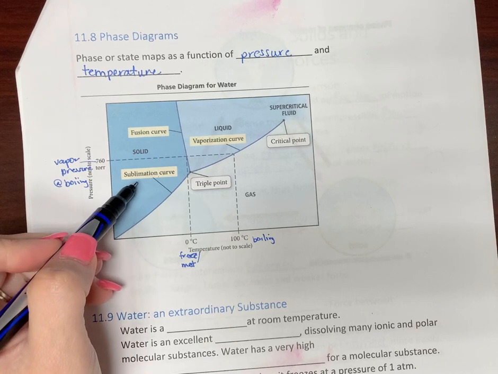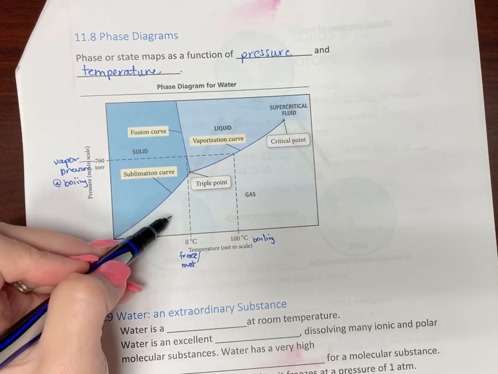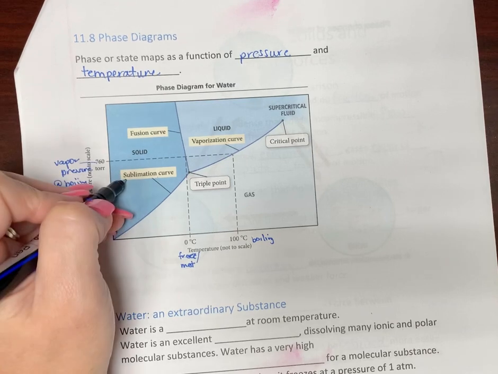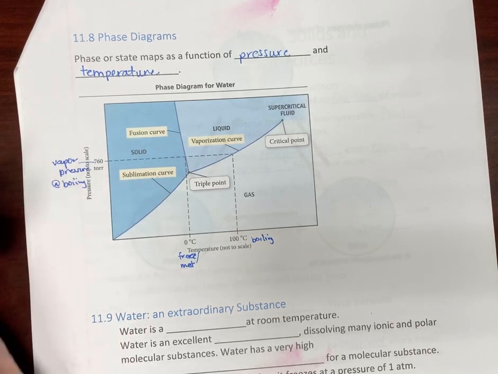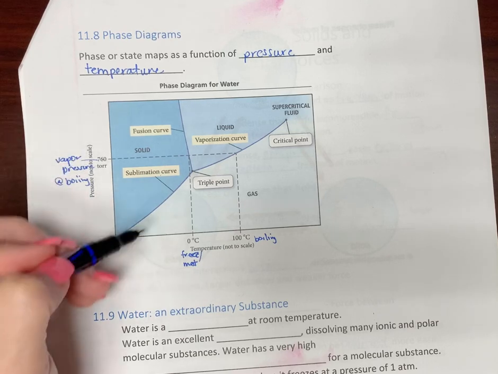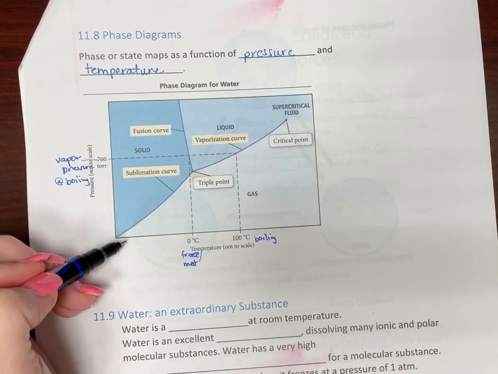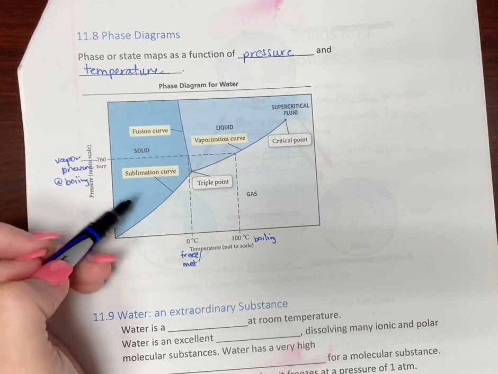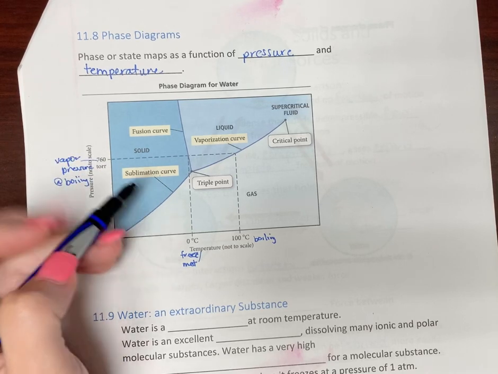Generally, they're going to talk about the heat associated with it. This would be the delta H of sublimation. This occurs at low pressure and low temperature. So this goes solid directly to gas.